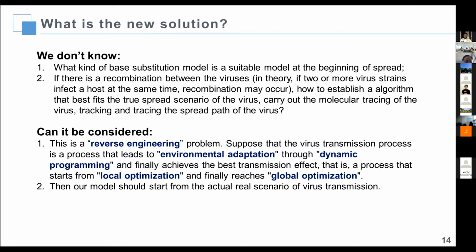The second point is that our model should start from the actual real scenario. The virus transmission is not a binary tree.